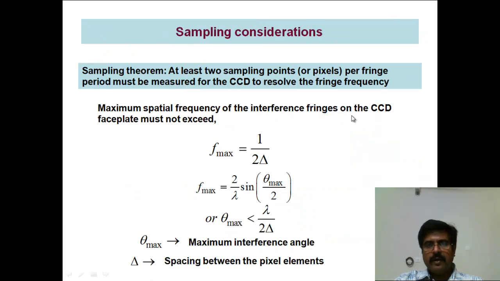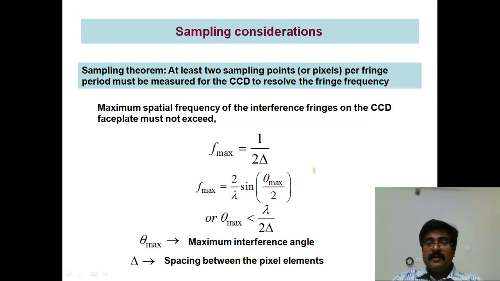In order to record holograms using a CCD sensor, one important criterion to be satisfied is the sampling theorem. A hologram is a fringe pattern which is basically formed by the interference between the object and reference wave. So the highest frequency fringe should be sampled by at least 2 pixels of the CCD sensor.